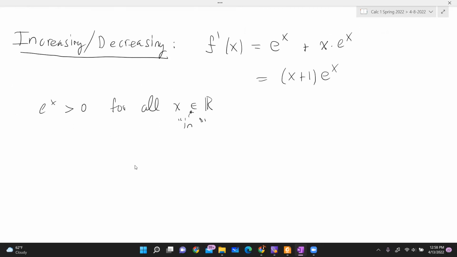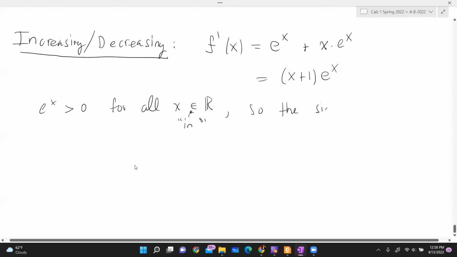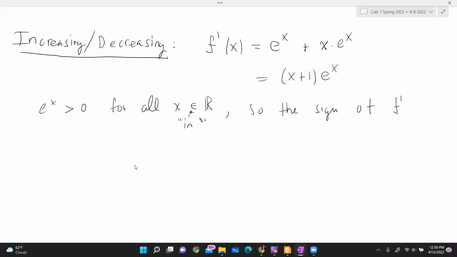So the sign of f prime is determined by the factor x plus 1, because a product of two numbers is positive if and only if the two factors have the same sign, or it's negative if and only if those two factors have different signs.